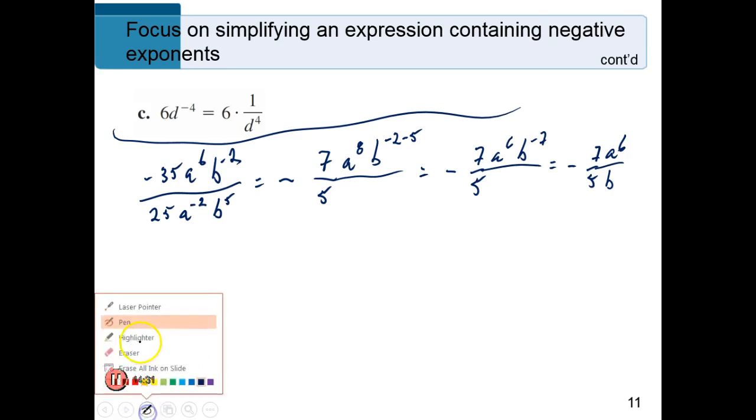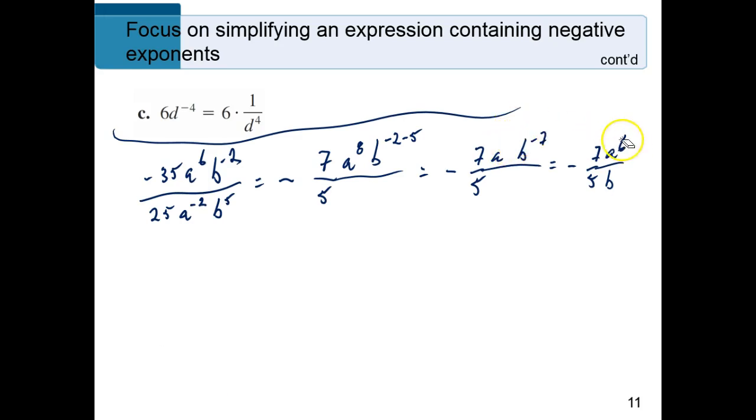Okay, sorry, you're right. How that became a 6, I have no clue. That's a to the 8th. And what about the b? B to the 7th. Perfect. Done. Excellent. Everybody see that?